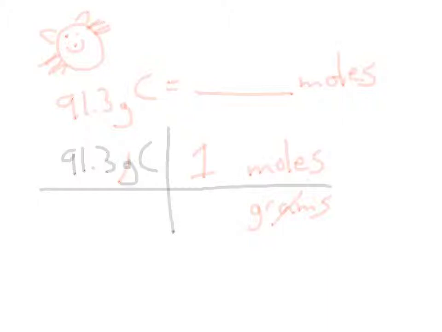So in 1 mole of carbon, how many grams of carbon do we have? Now what we're going to do is take the atomic mass value off the periodic table, and round to the 100ths. The average atomic mass of carbon is 12.01.